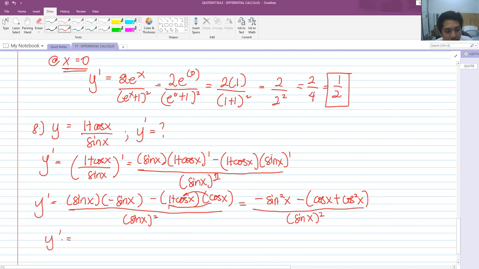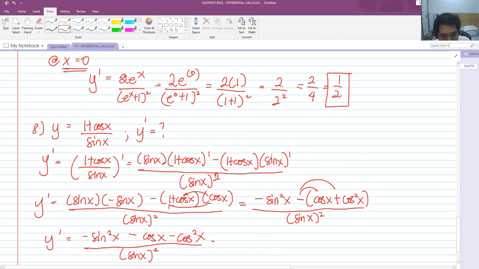So what will happen? We have negative sine squared of x. Distribute the negative sign. So that would be negative cosine of x. Okay? And that would be negative cosine squared of x. All over sine of x squared.